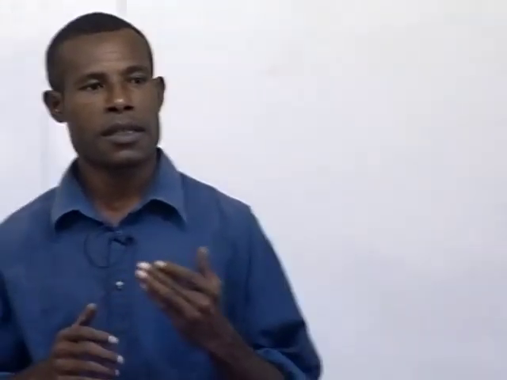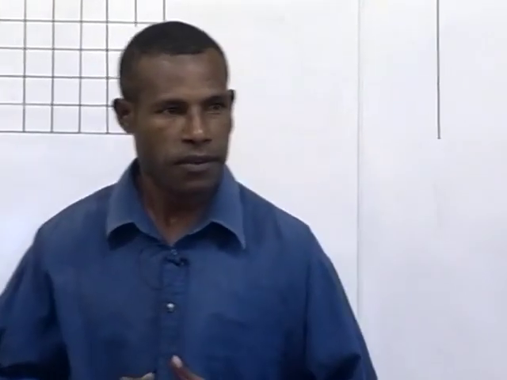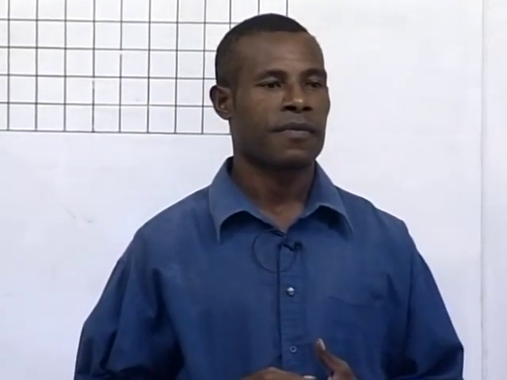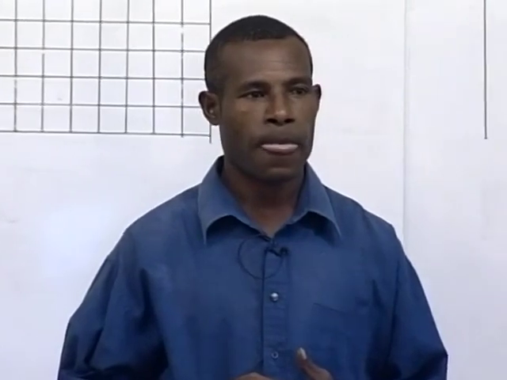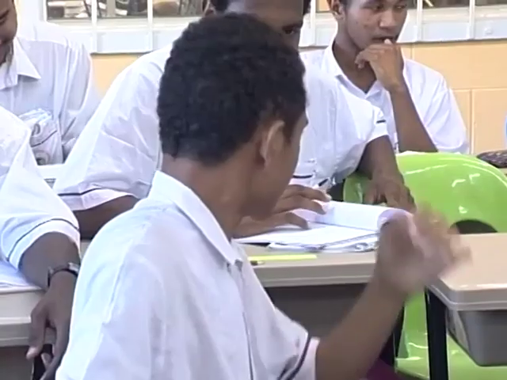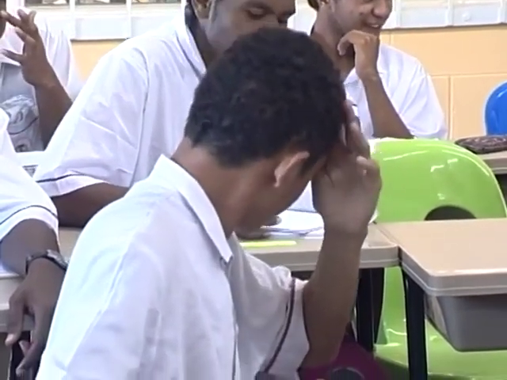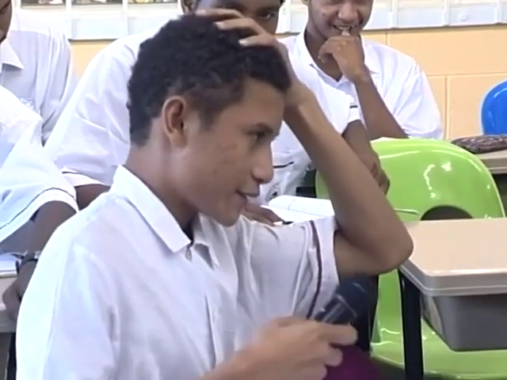Okay, what is the slope or gradient of a graph? All right, he is giving us the explanation of how you can find the slope, and that is the rise over the run.